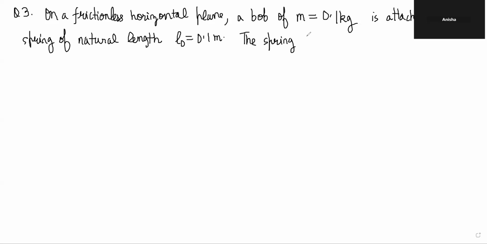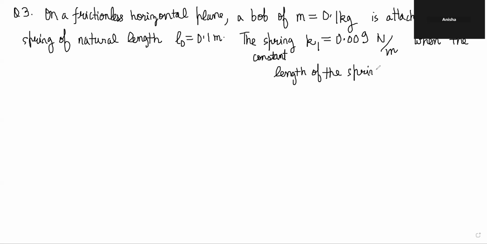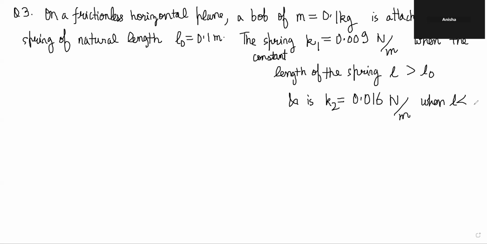The spring constant K1 is 0.009 Newton per meter when the length of the spring L is greater than L naught, and K2 is equal to 0.016 Newton per meter when L is less than L naught.